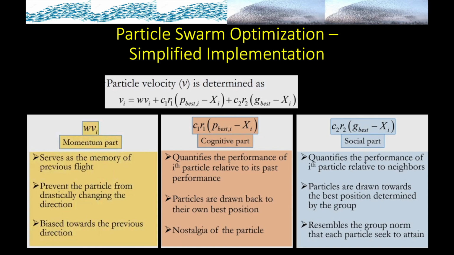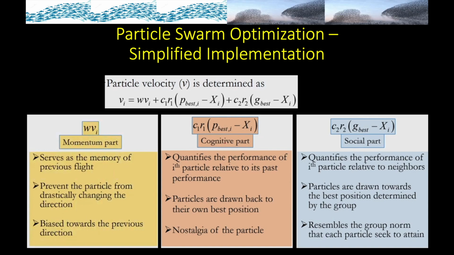In that regard, the value of W is very important here. Since Vi will be changing continuously, but W is a constant that you choose, the value of that constant is very important for determining the behavior of particle swarm optimization. Another way of looking at the W Vi term, or the momentum part, is that we can think of it as a bias towards the previous direction.